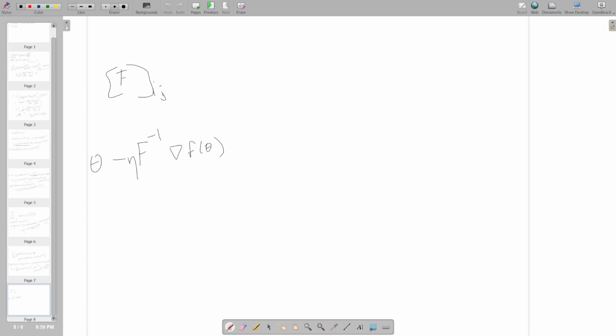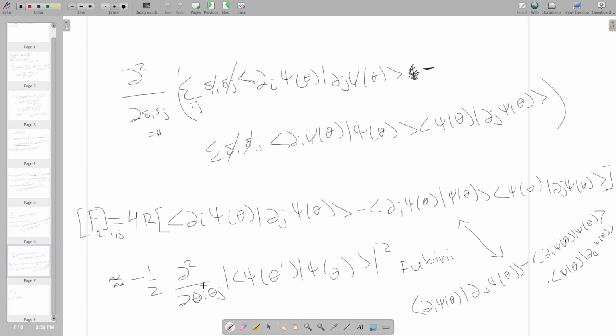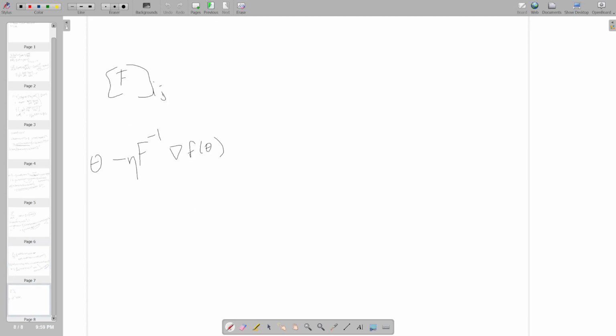So if we have this information matrix in this form right here, what we can do is measure in the observable, where it's in this format, and we can see that if this is what we're measuring, this should be theta prime.